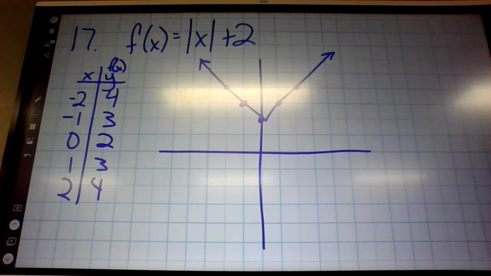So it's a V that is 2 units up, just like we said.